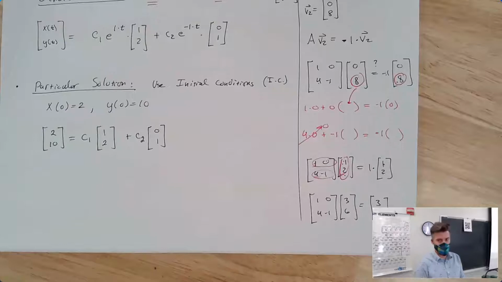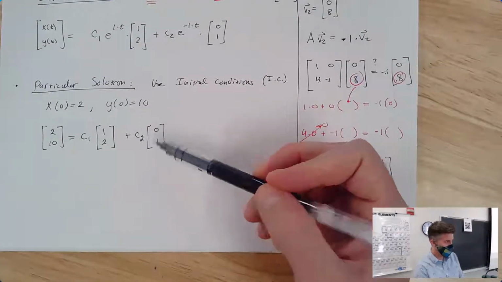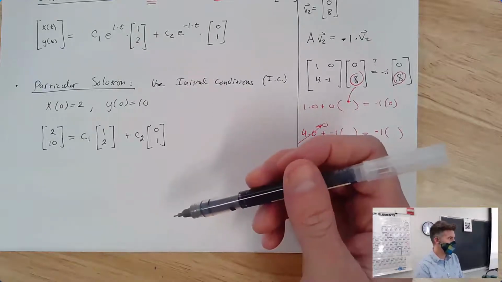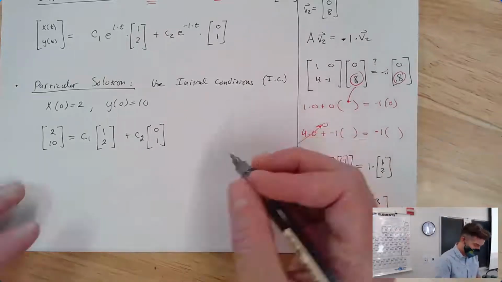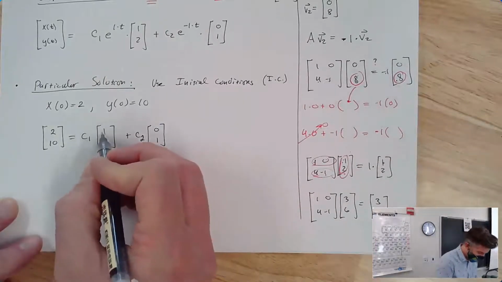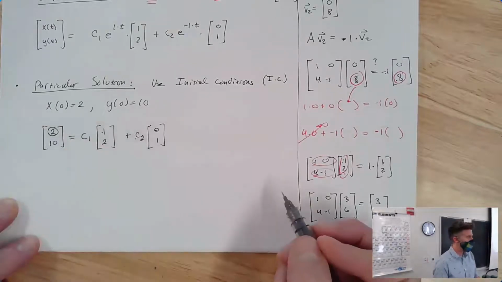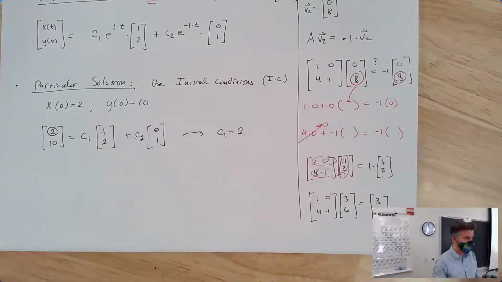It has to do with the fact that there's a 0 here. Yes, I'm seeing more fingers. It's 2, right? Because C1 times 1 plus C2 times 0 has to equal that part right there. So we automatically know C1 has to equal 2. There's no other choice.